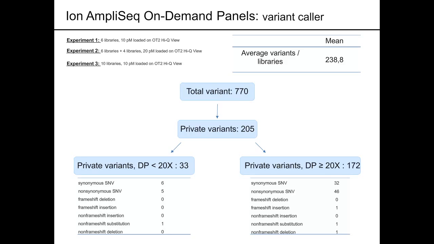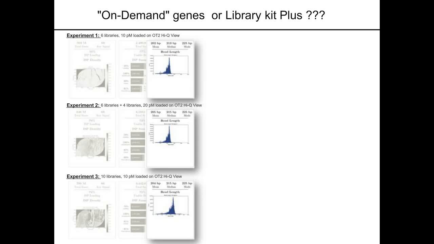If it's only a few uncovered variants, we normally chase those too. We have a very good coverage of the private variants, generally speaking. And so these are, in our opinion, very good results and very consistent ones.